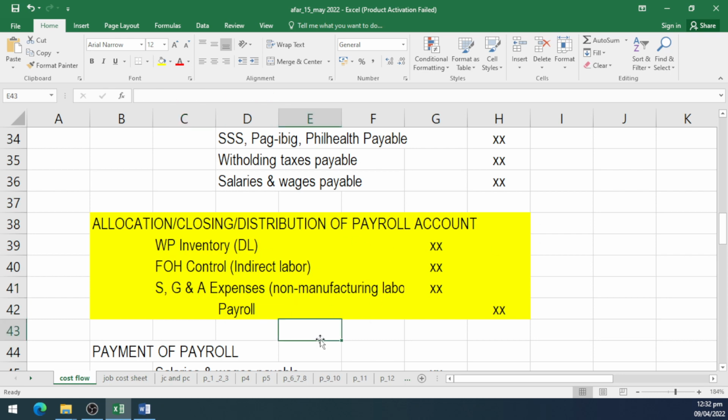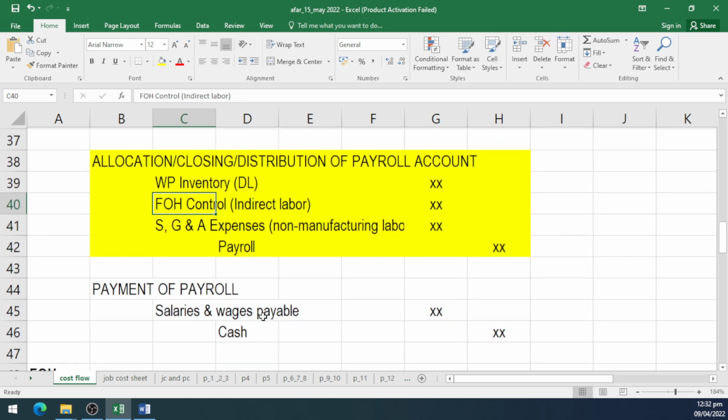So that is the entry to distribute the payroll control account to appropriate charges: work in process for DL, factory overhead control for indirect labor, and selling, general, and administrative expenses for the non-manufacturing labor. Then close the payroll account, credit.